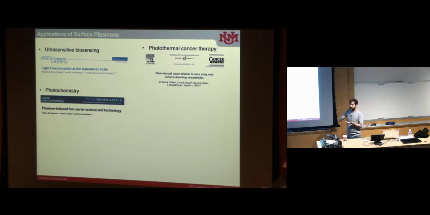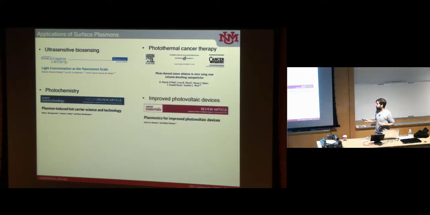And then those electrons get energies that are well above the thermal energy of the system, and they become what we call hot carriers or hot electrons, and those can be transferred to molecules that may be around and induce some kind of photochemistry, or, of course, they can also be transferred to circuits to improve photovoltaic devices, or even to do photodetection.